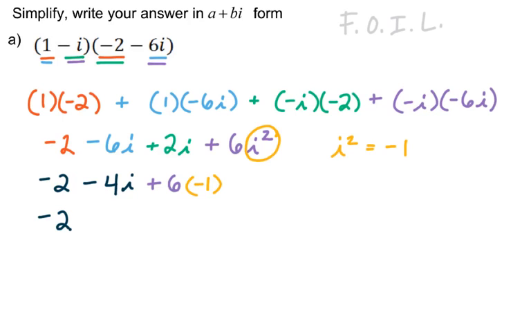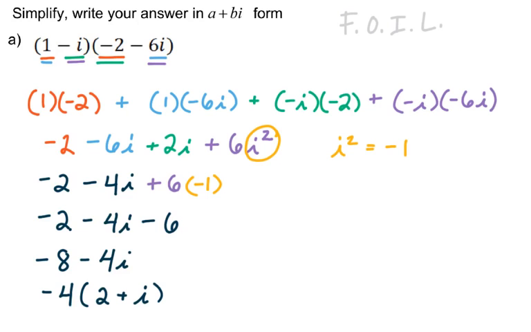So now I have -2 minus 4i minus 6, or rather -8 minus 4i, combining like terms. -2 minus 6 gave me -8. And we should recognize, especially from the last problem, that we can factor a GCF out here. So I'm going to factor out a -4, and that leaves me with +2 plus 1i, or just i. And this would be my final answer for multiplying.